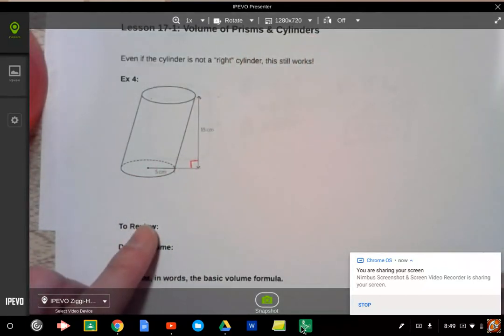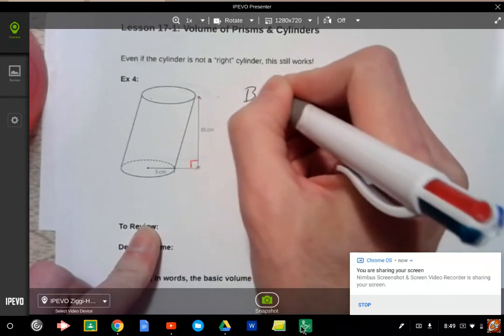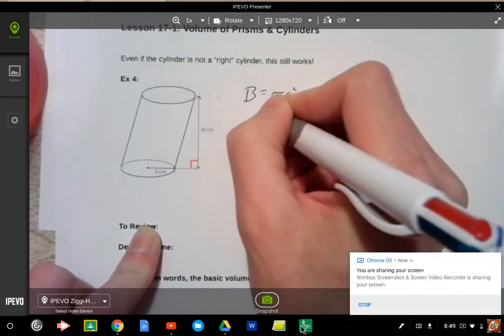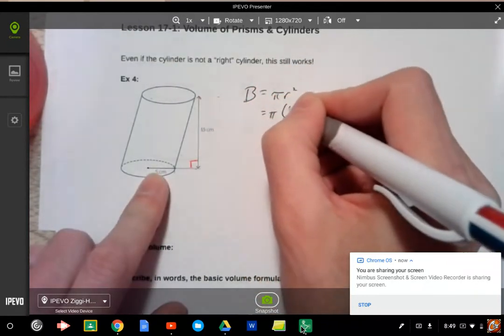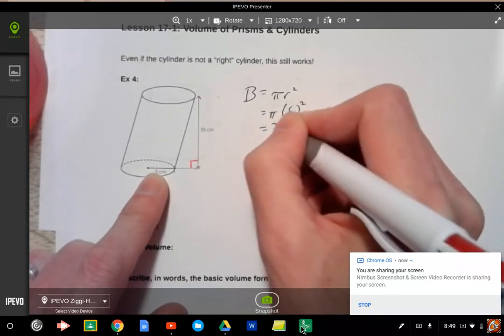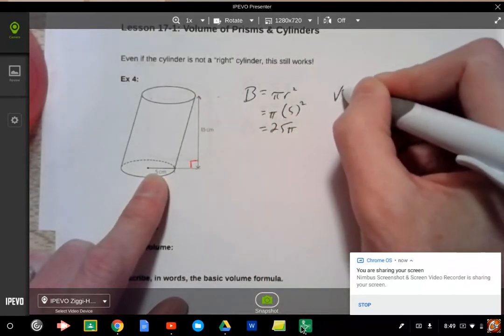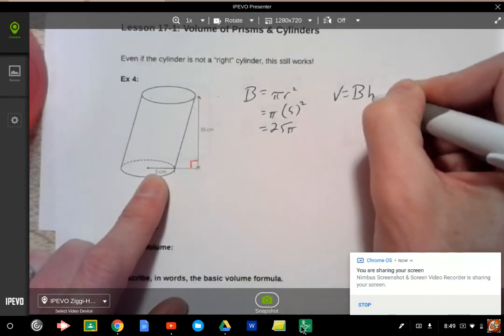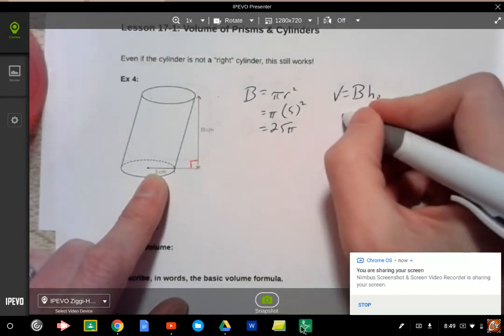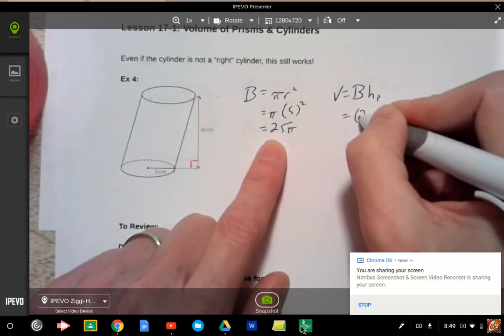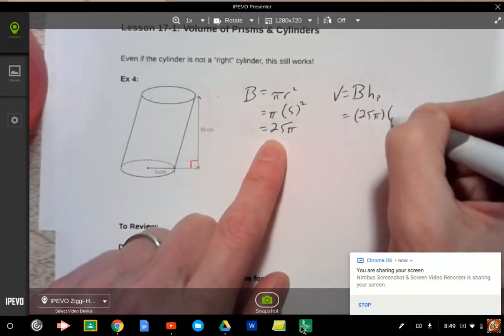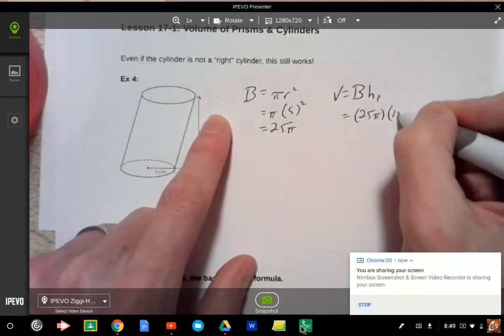So, same idea. Base area. It's a circle, pi r squared. So therefore, the radius being 5, my base area, 25 pi. So my volume is area of the base times the height of the prism, or in this case, cylinder. So the area of the base, 25 pi. The height is 15.